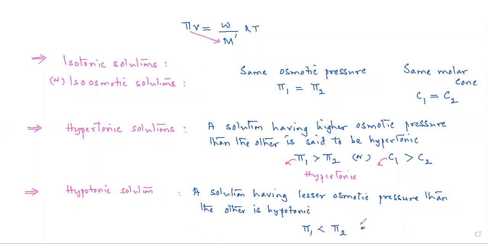Pi 1 is less than pi 2, C1 is less than C2. Now this is hypotonic. So these are the three very important points in this.